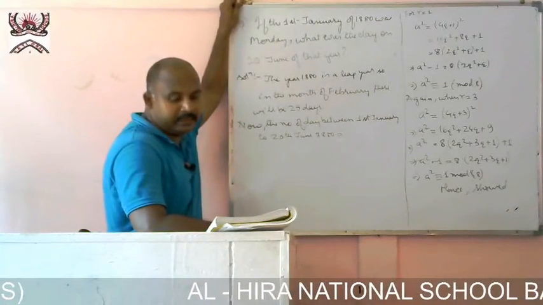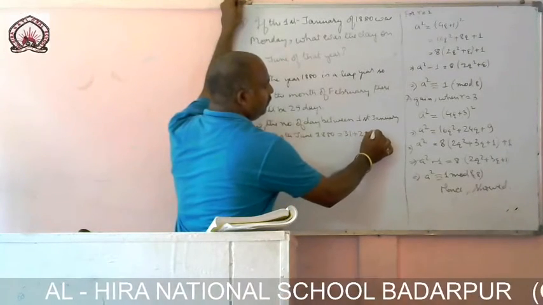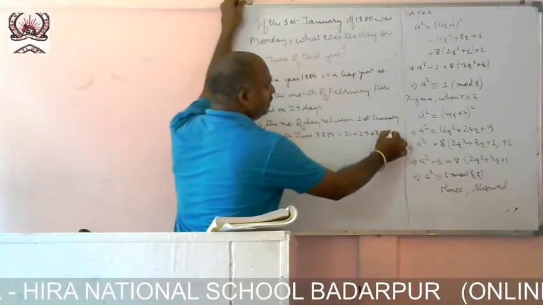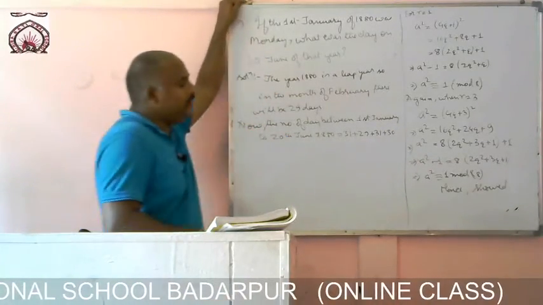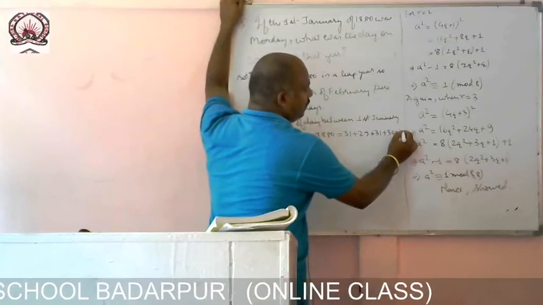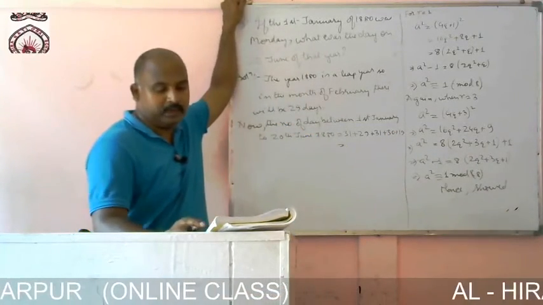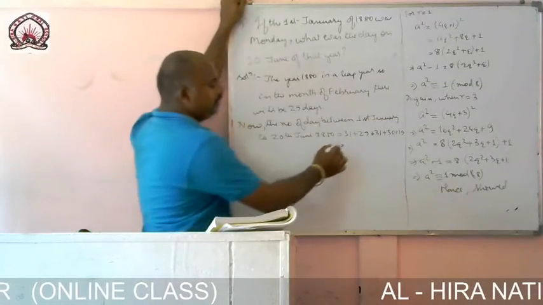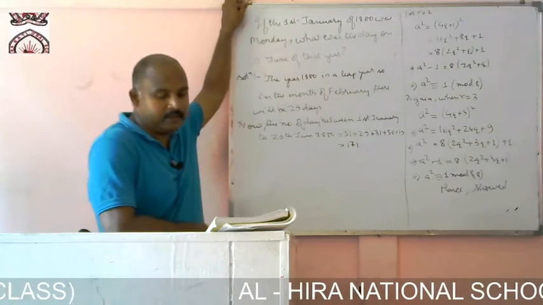In January there is 31, February 29, March 31, April 30, May is up to 19. The total number of days is equal to 171 days. Okay.